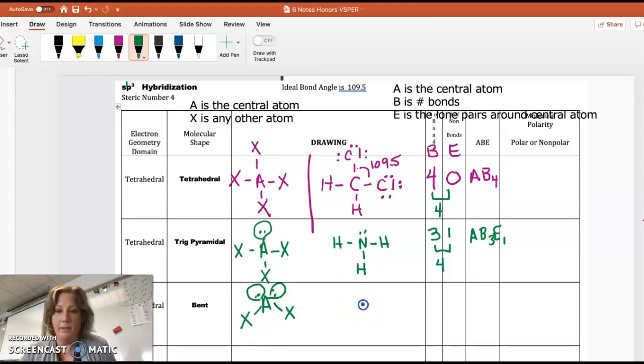So an example of this is water. I'm just going to draw it straight across, even though it is bent, because it's really hard on paper to show it anyways. So you can see around the central atom, which is oxygen, there's 2 bonds, there's 2 lone pairs. So our ABE notation would be AB2, 2 bonds, E2.